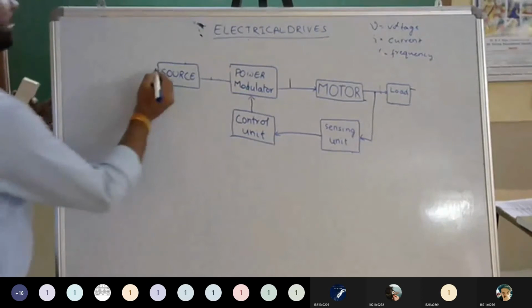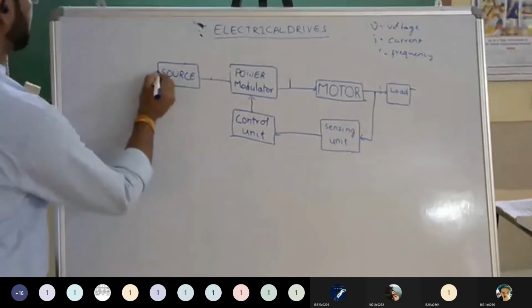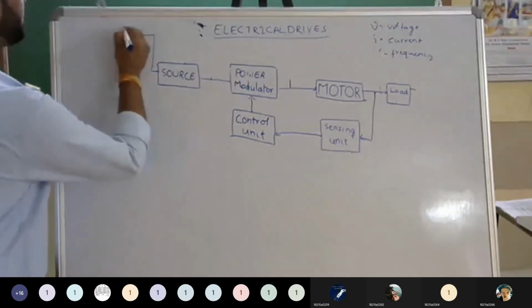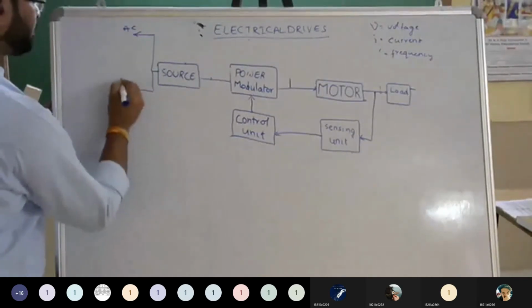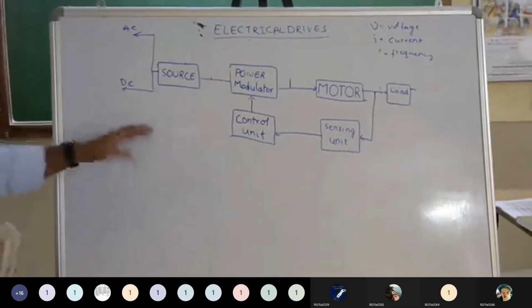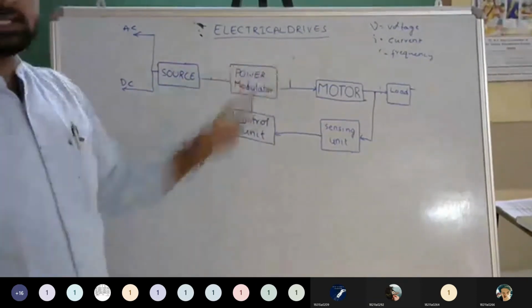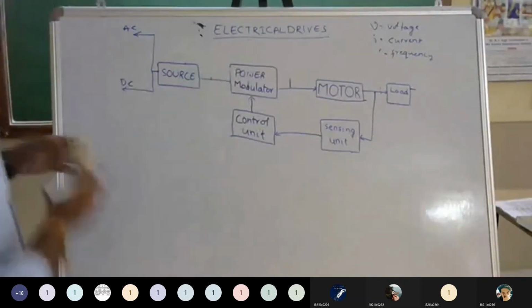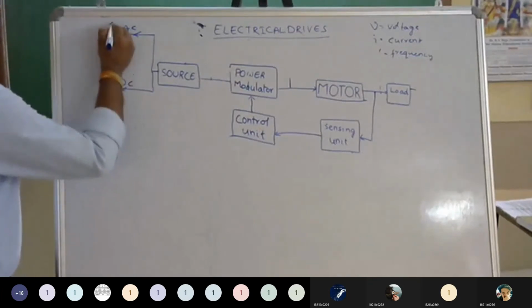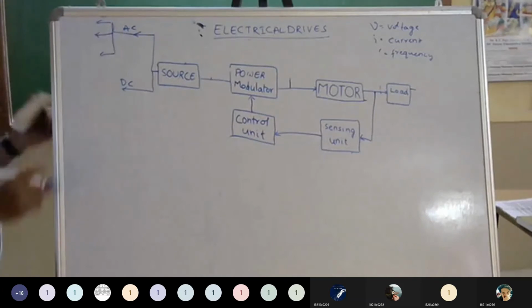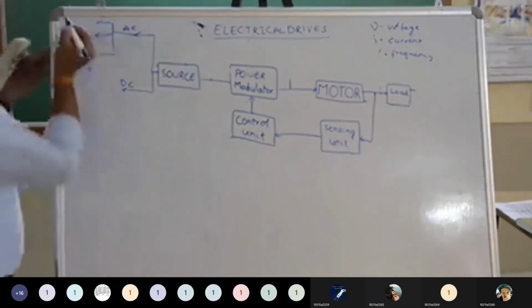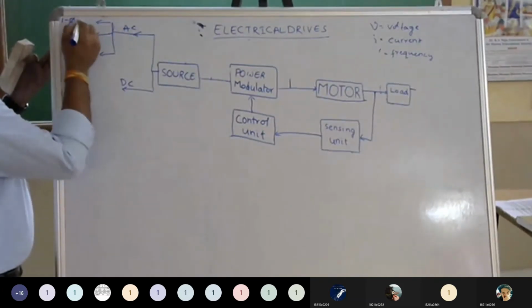So generally we have two types of power available. One is the AC power. Another one is the DC power. Generally, the AC grid is more popular. The utility grid is AC. So in AC, we divide again into three things. First one, for low performance drives, we will use the single phase 230 volts.